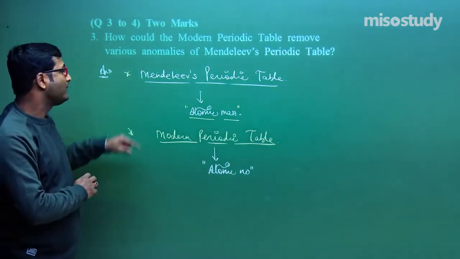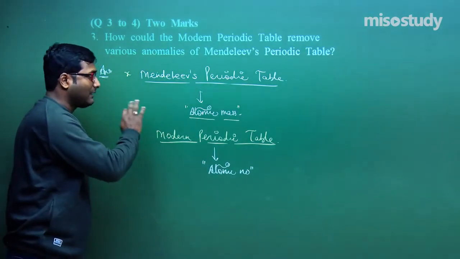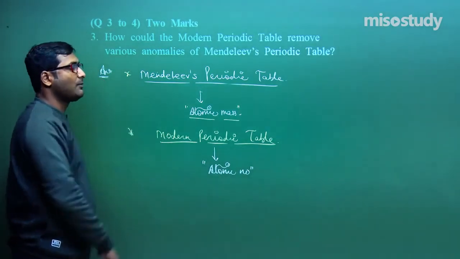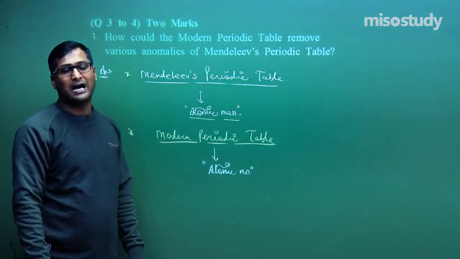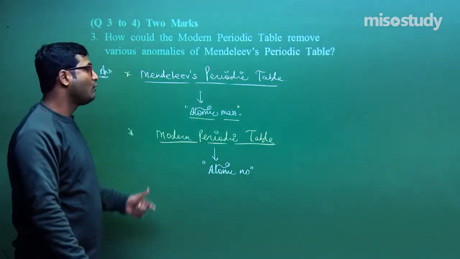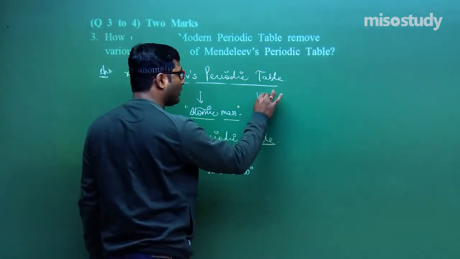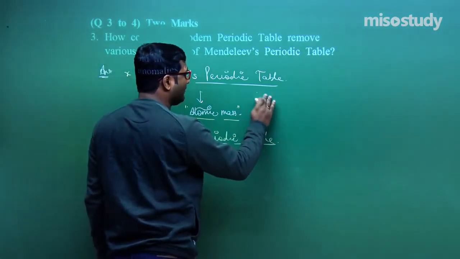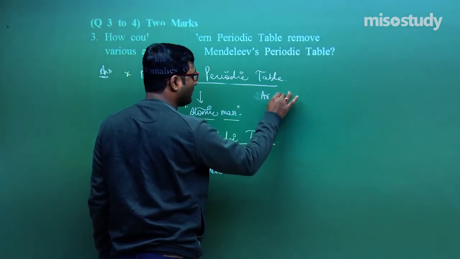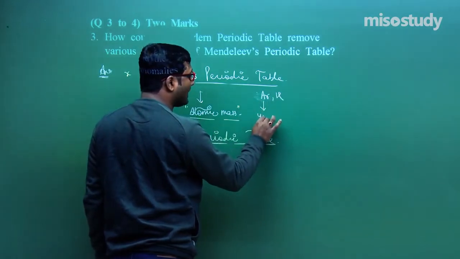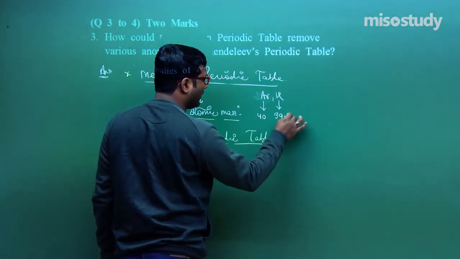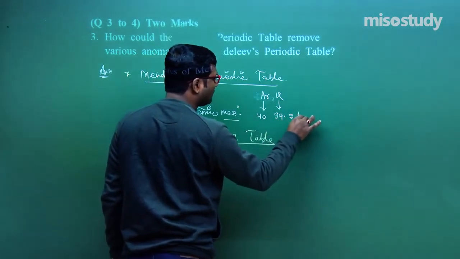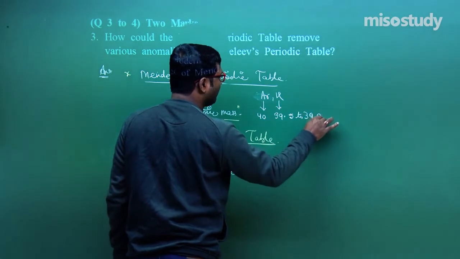Now, as we know, if we take the Mendeleev periodic table, then the position of hydrogen was uncertain. There was no description about the isotopes. There are a few pairs. For example, argon and potassium: argon has more mass than potassium. Potassium has approximately 39.5 to 39.9.